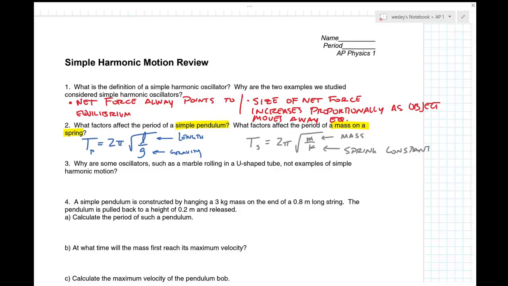Why are some oscillators, such as a marble, not examples of simple harmonic motion? There are two reasons. One could be no restoring force. I guess the way that we could say that to match this is that the force doesn't point to equilibrium.